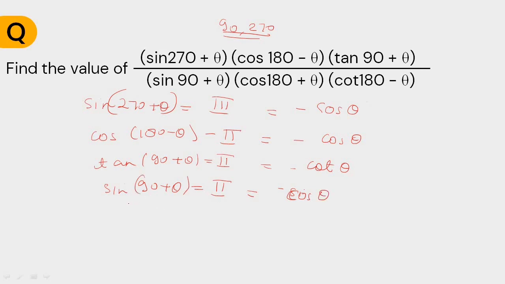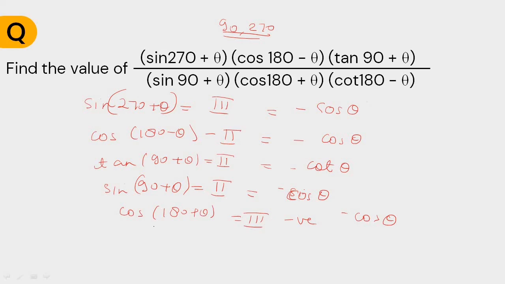Other is cos 180 plus theta. It will lie in the third quadrant, and in the third quadrant the value of cos is negative, and since it is 180 degrees, it will not change. It will come minus cos theta.